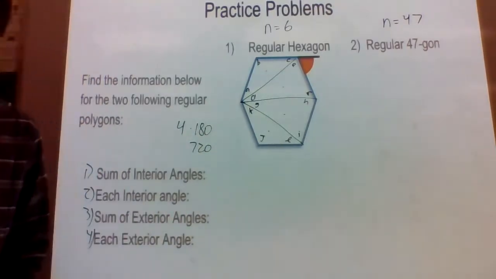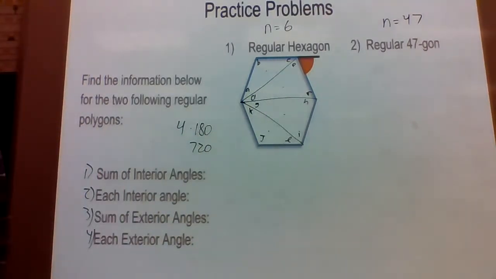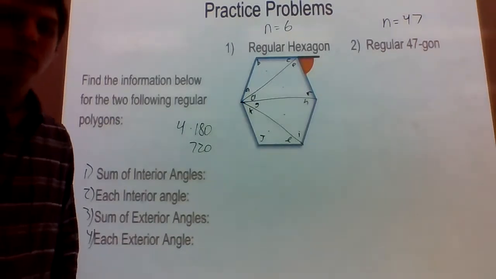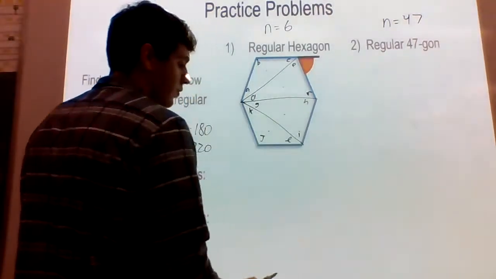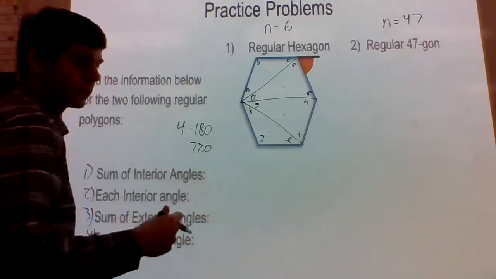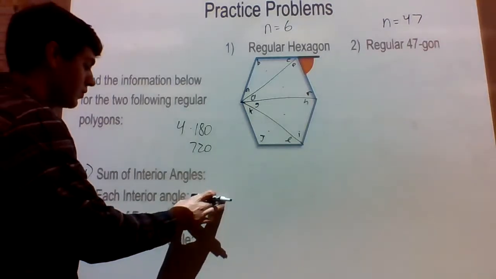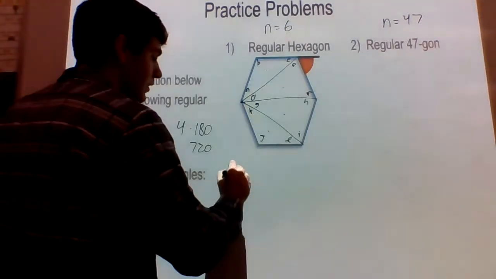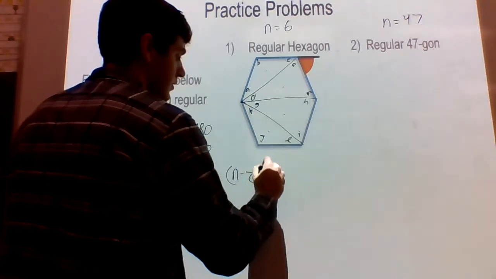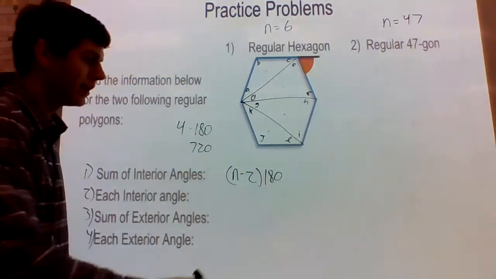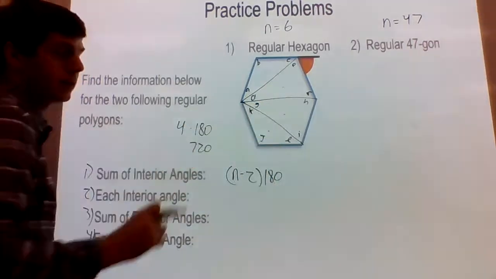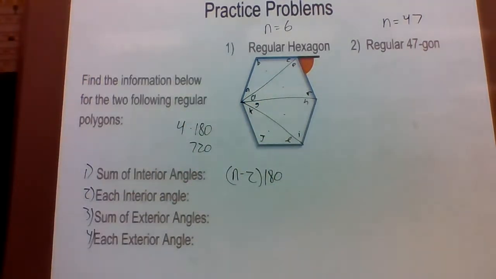Okay, so we can reason it out. That's fine. Or we have the formulas listed on our notes, and we can just use the formulas. The formula we're using here is in the second row, in the last column. Our formula for the sum of interior angles of a polygon is n minus 2 times 180. N minus 2 represents the number of triangles you can make, and 180 represents the fact that each triangle has angles that add up to 180.